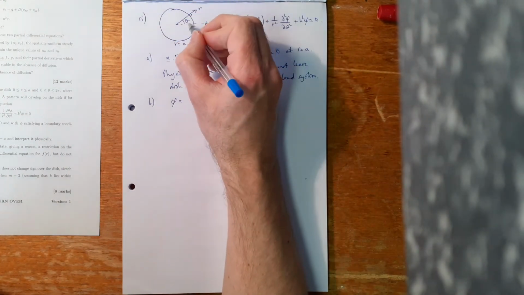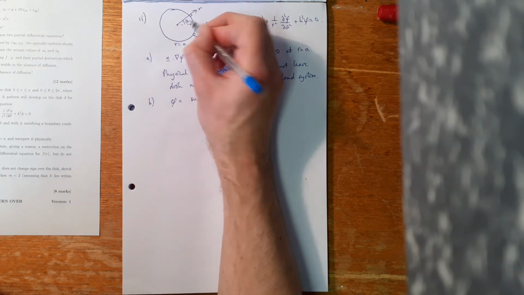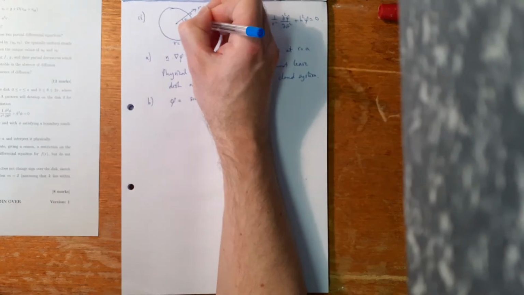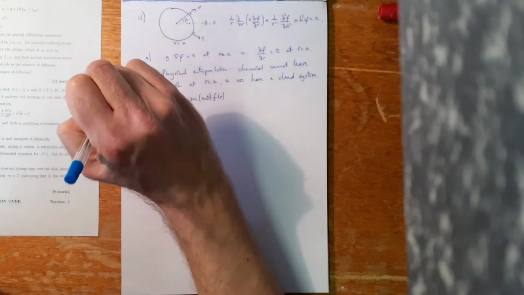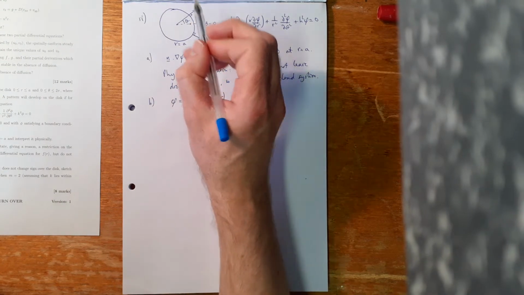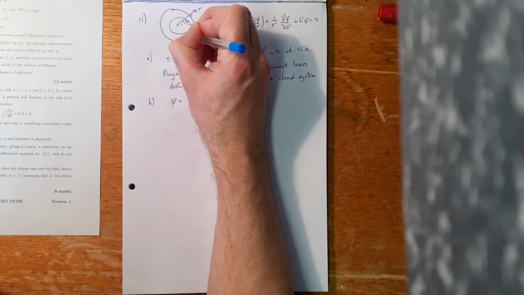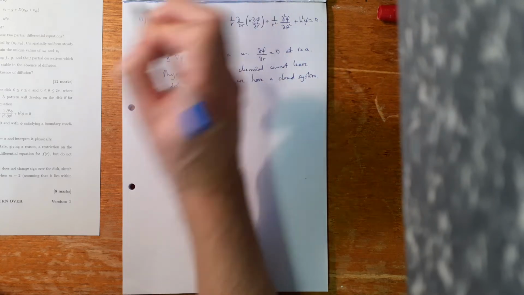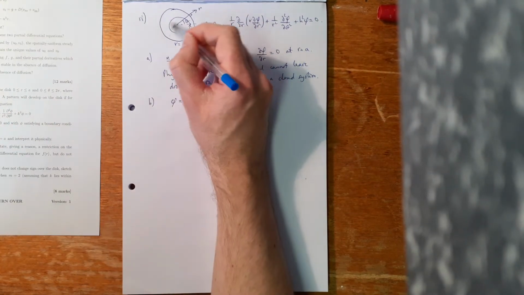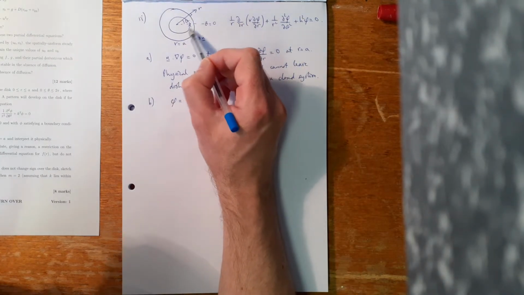Well, if we look at the disk here, if I choose any point in the disk, let's just choose a point here for the sake of argument, then phi takes a certain value there, and the pattern is determined by the value phi takes. If we go all the way around through an angle 2 pi, when we get back to where we started, phi must take exactly the same value, because all that's happened is we've come back to the same point again. So phi's got to be periodic with period 2 pi.